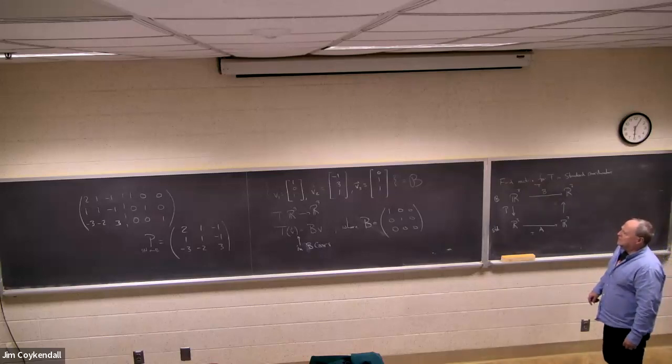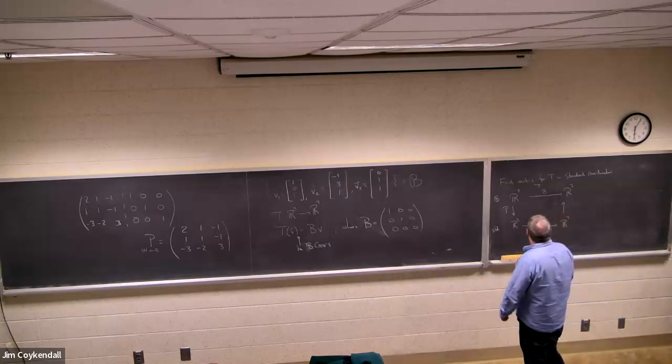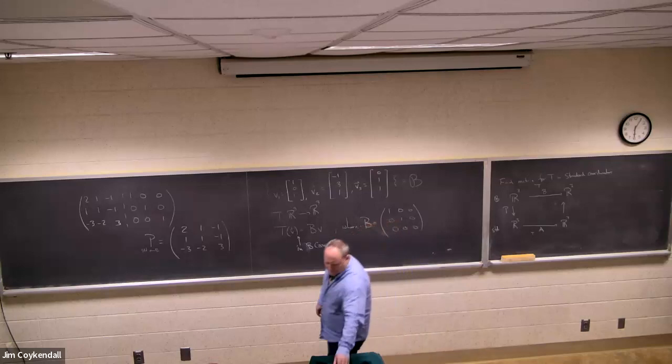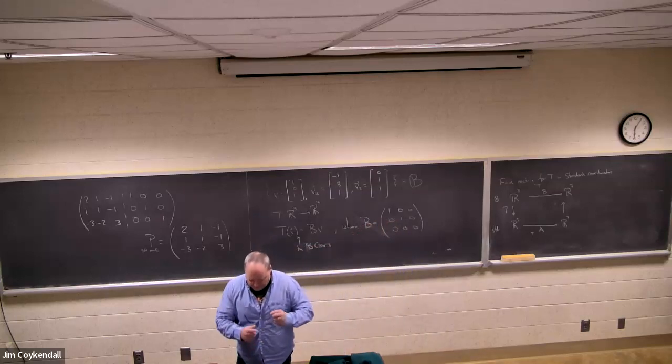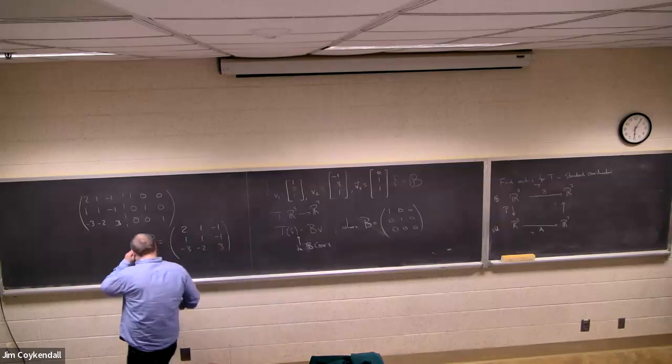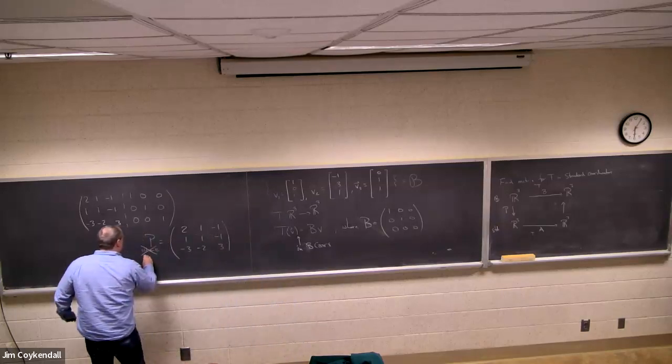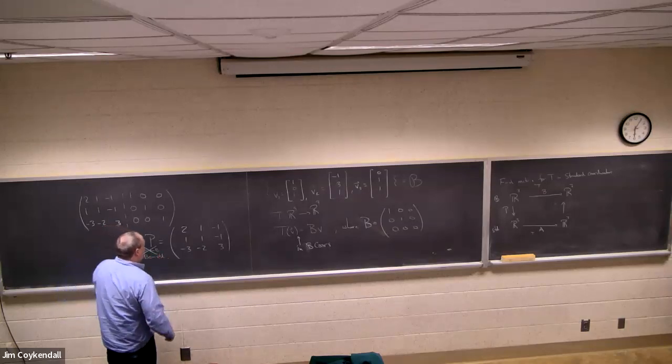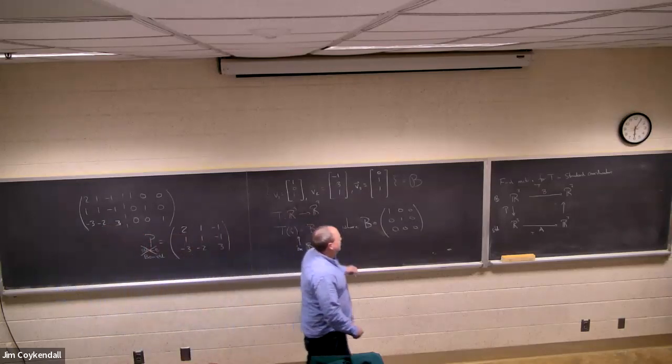Oh, actually, I think we did get this right. I think I said it wrong over here. I changed the standard to B. My bad, this is standard to B, and that's the inverse of the matrix that is this thing here.